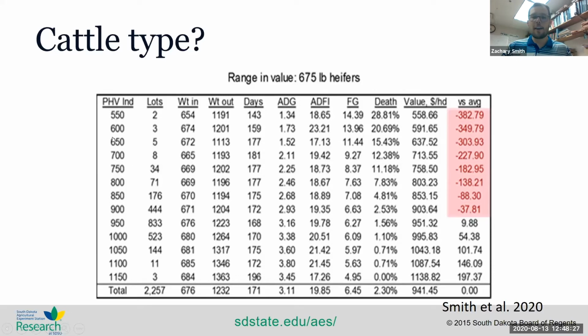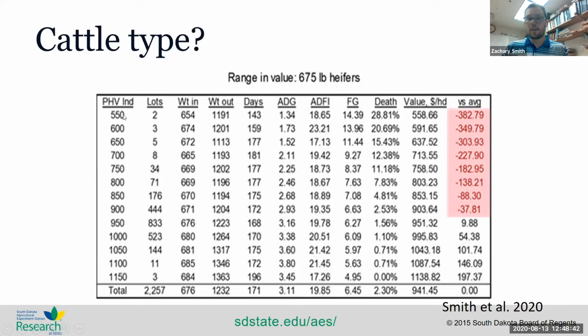This per head value index is essentially the purchase break-even of what could have been paid for that animal based upon what they gained, what they ate, what their feed conversion was, and what percentage of death loss.